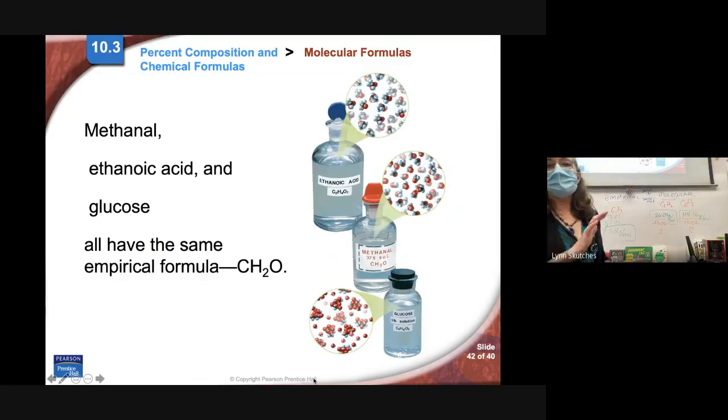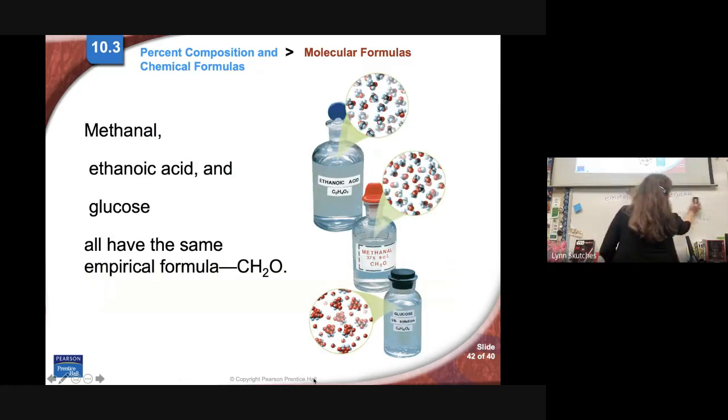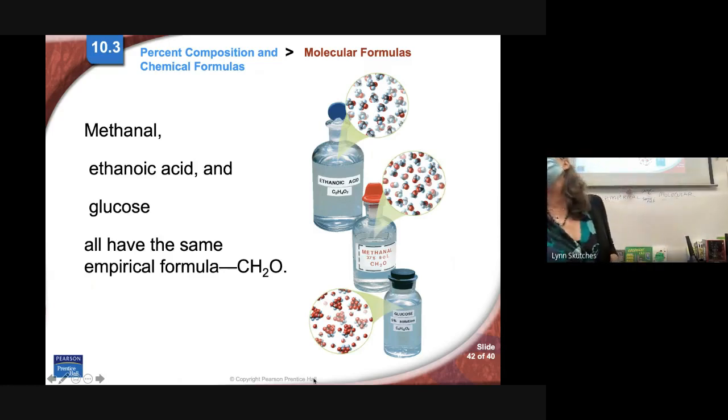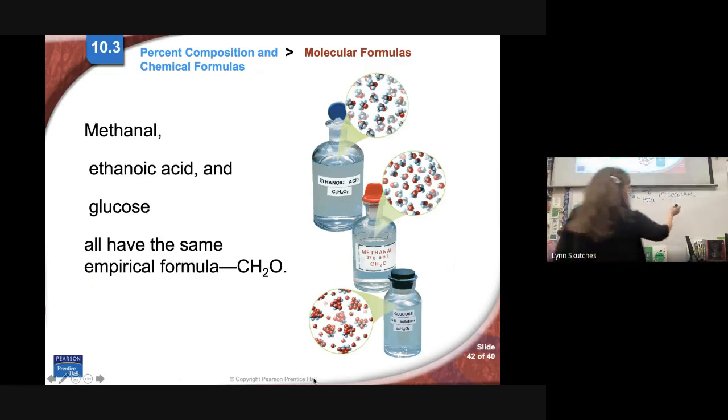So we looked at these 3 compounds at the beginning of this discussion: methanol, ethanoic acid, and glucose. All of them have the same empirical formula, but they don't have the same molecular formula. They all have the same 3 elements, but in different multiples. So empirically, they're all CH2O, 1 carbon, 2 hydrogens, 1 oxygen. One of them, methanol, actually is the same molecular formula.